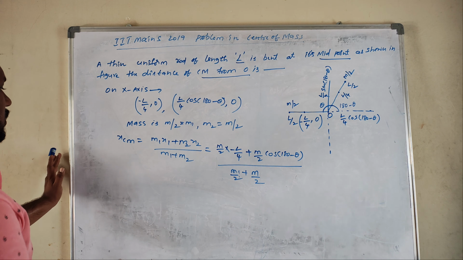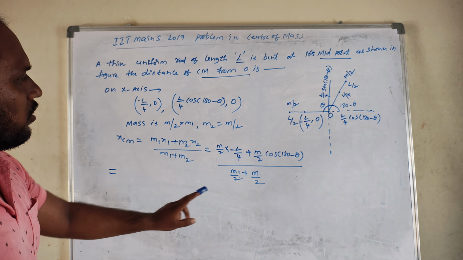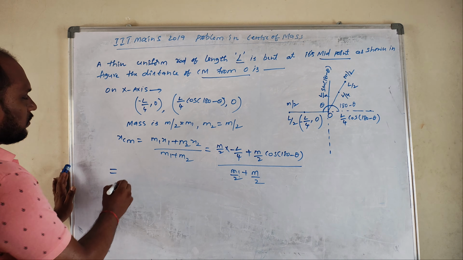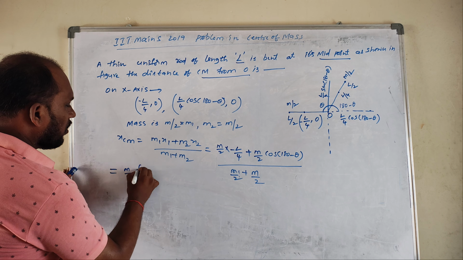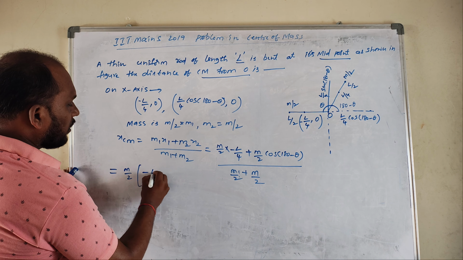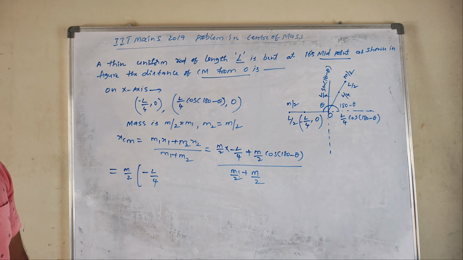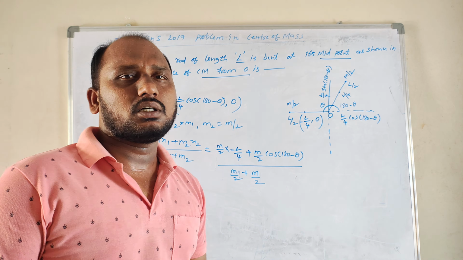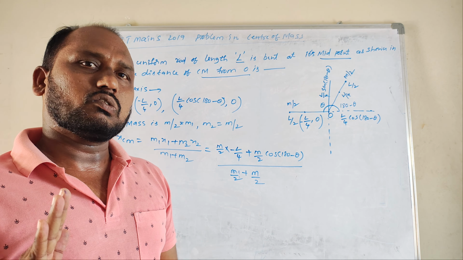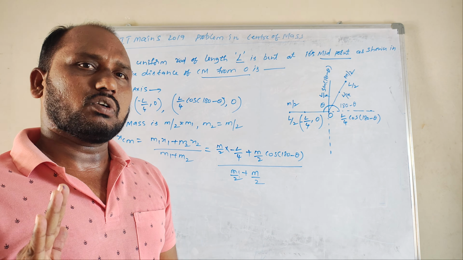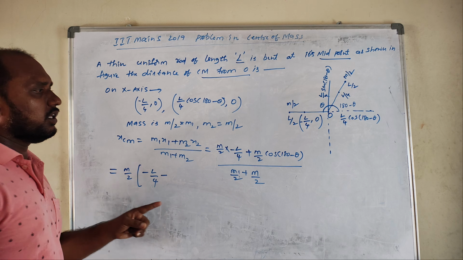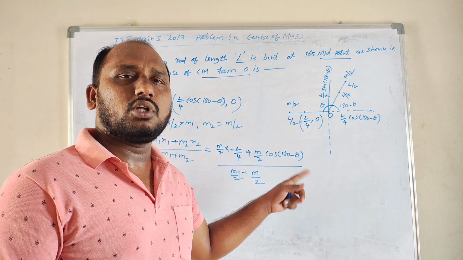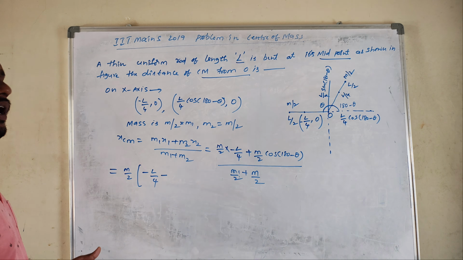Now we have to evaluate this. I take m by 2 common. What remains is minus L by 4 and cos(180 minus theta). What is cos(180 minus theta)? It is in the second quadrant, where only sine is positive and the rest are negative, so cos(180 minus theta) becomes minus cos theta. This is on the x-axis, so there is no change in the ratio; cos remains cos.